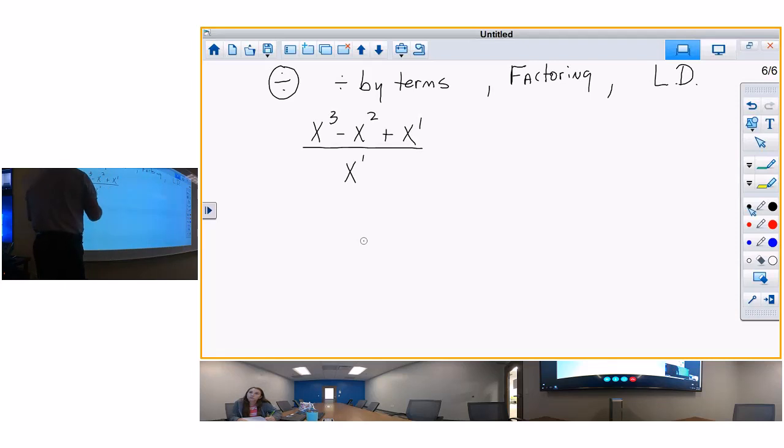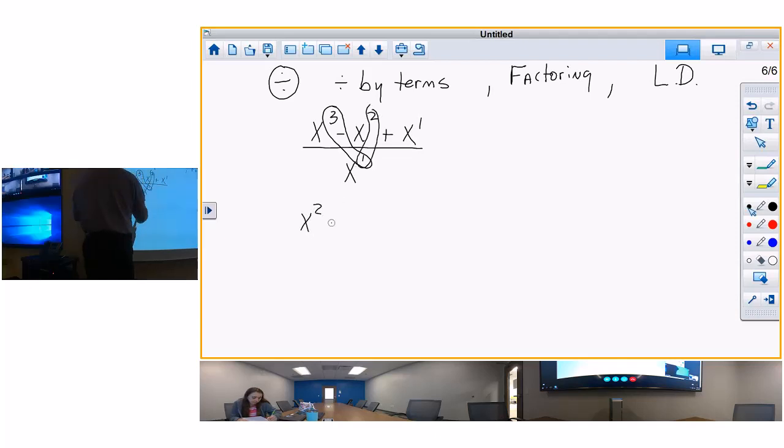Exponents, Hubert. That's right, class. So what's 3 minus 1? 2. What's 2 minus 1? What's 1 minus 1? 0. So that's x squared minus x plus 1.